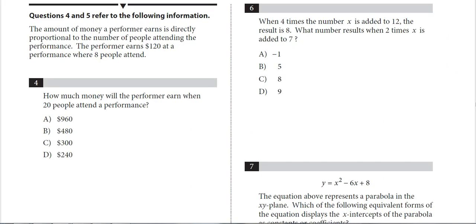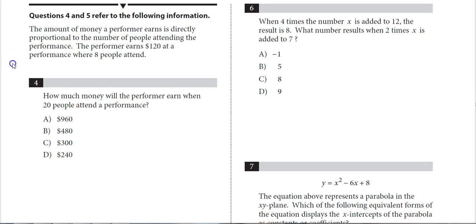All right, 4 and 5 kind of go together, so I'm going to do these two all at once. But they're operating off of the same information. So it says the amount of money a performer earns is directly proportional to the number of people attending the performance. The performer earns $120 when 8 people attend.